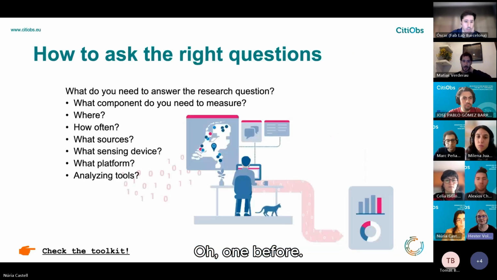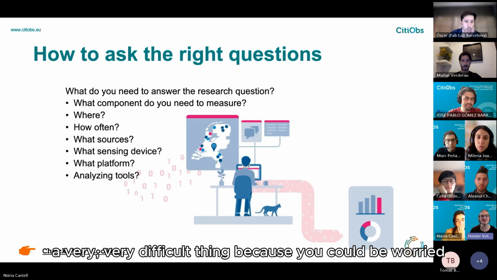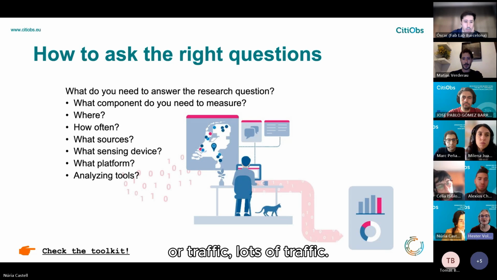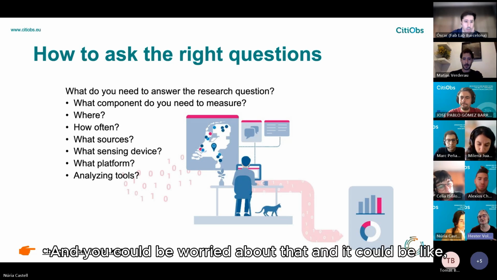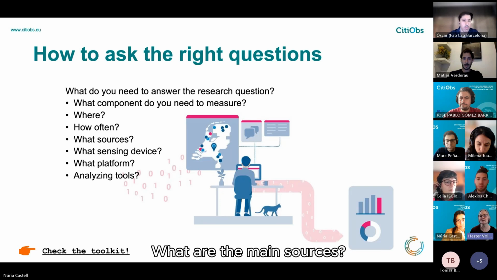Oh, one before. So asking the right question is actually a very difficult thing, because you could be worried about something, for example wood burning in the neighborhood, or lots of traffic, and it could be: how high are the concentrations here, what are the main sources?